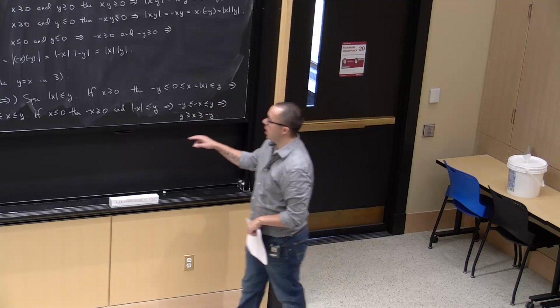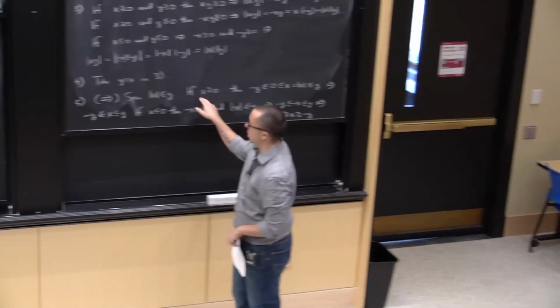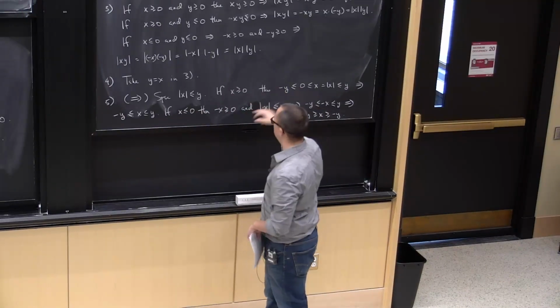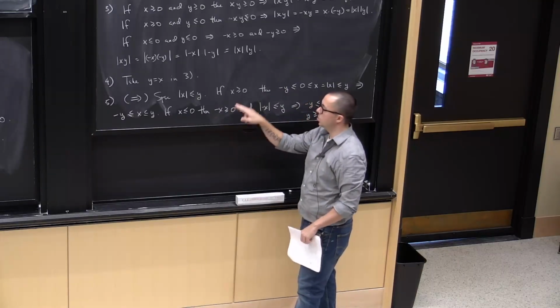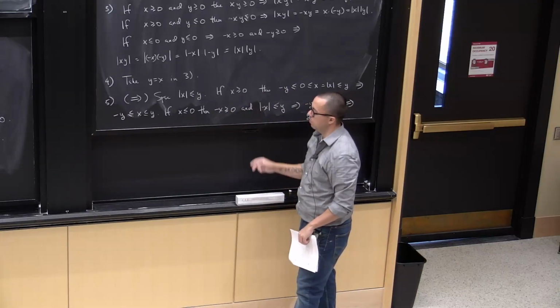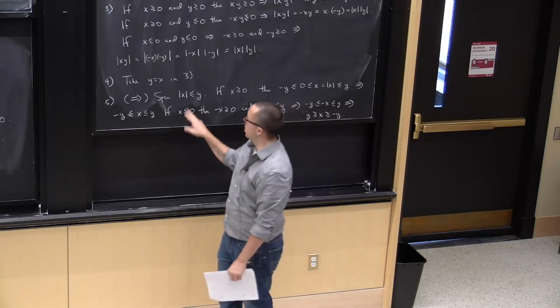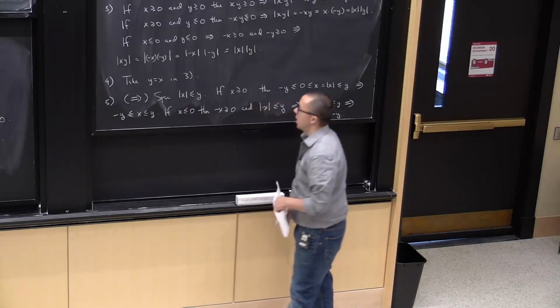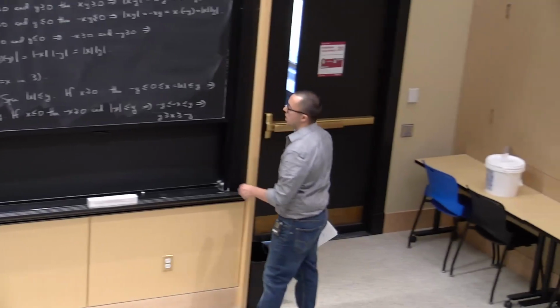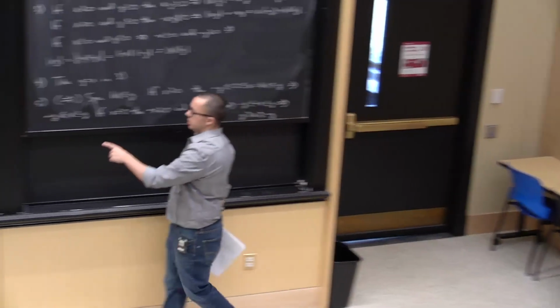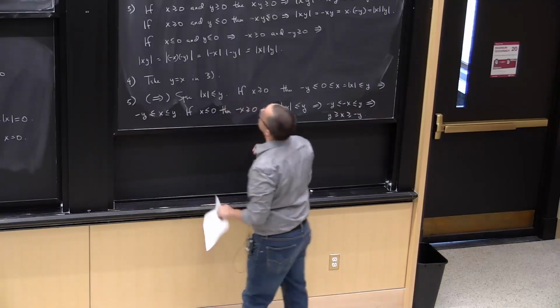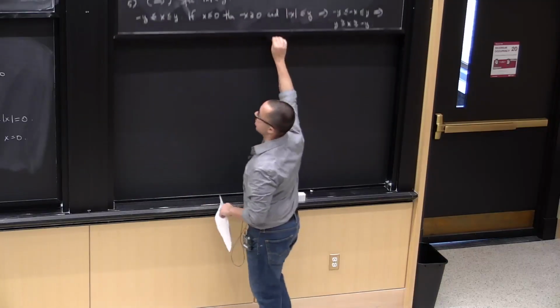So in either case, for the first case, we actually wrote down a proof, and we reduced the second case, x negative, to the first case that we've already proven. Okay, so we've proven that this inequality, the absolute value of x less than or equal to y, implies this. So now we need to prove the converse direction.